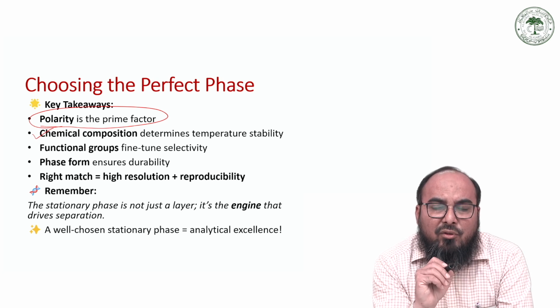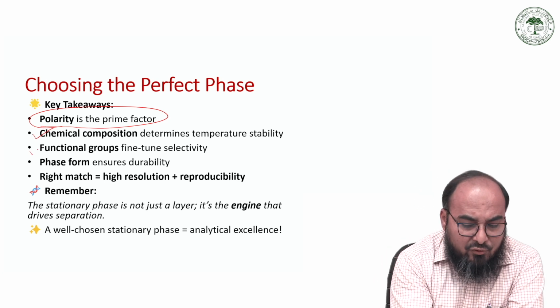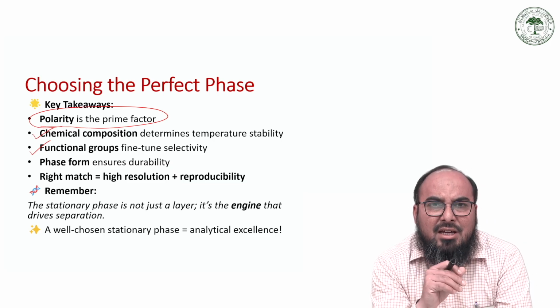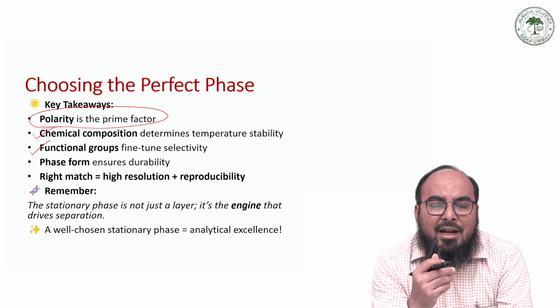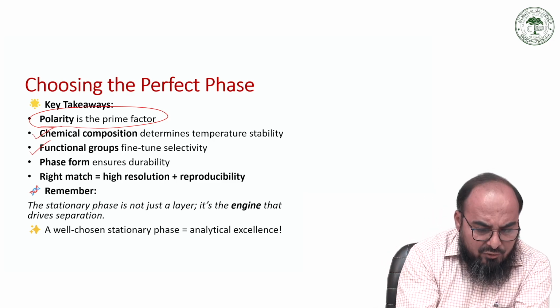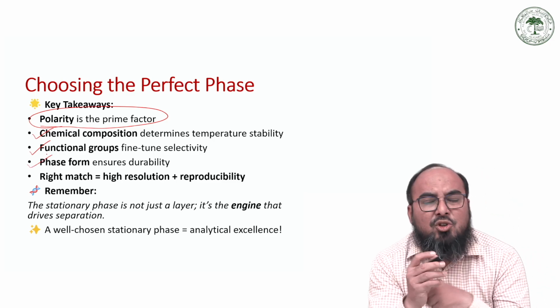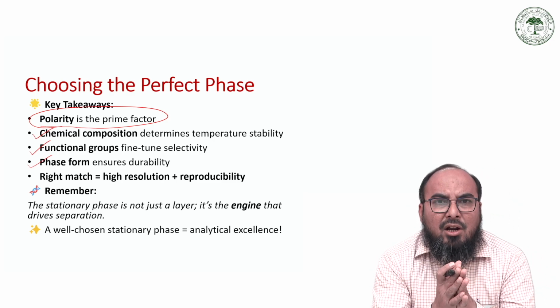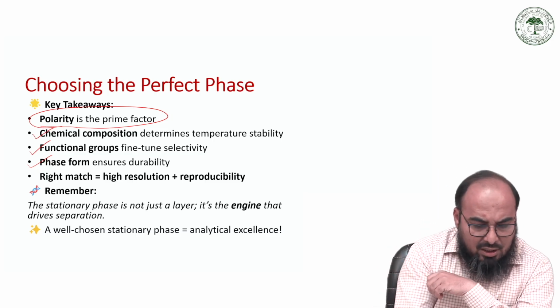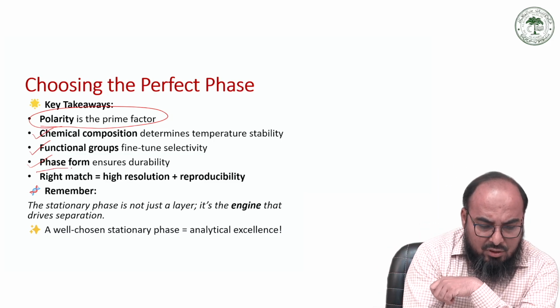Now, if you have a functional group, then you can fine tune and select them, which we have seen, for example, by introducing a CN group, you make a selectivity. Similarly, phase form imparts durability. It imparts long life.